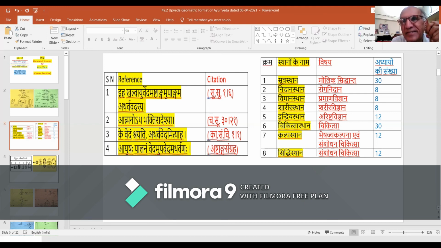So this text as single integrated scripture text Samhita, Charak Samhita, is to unfold itself as of 8 sthanam, and further organization is to be as is reflected in the form of 120 chapters.